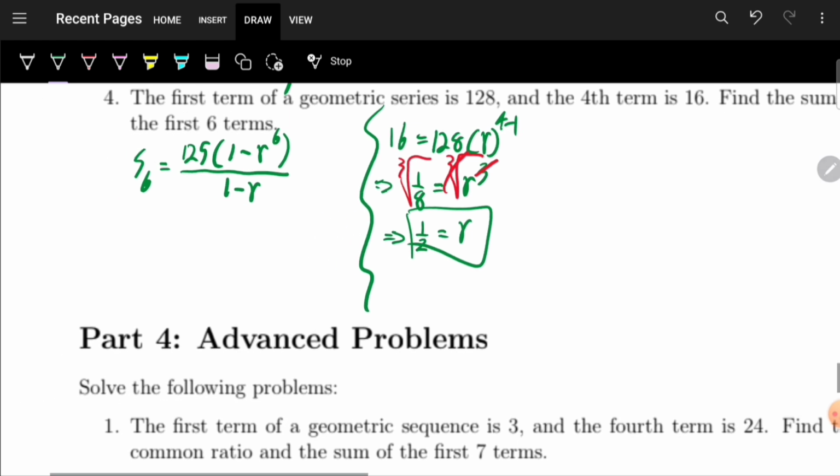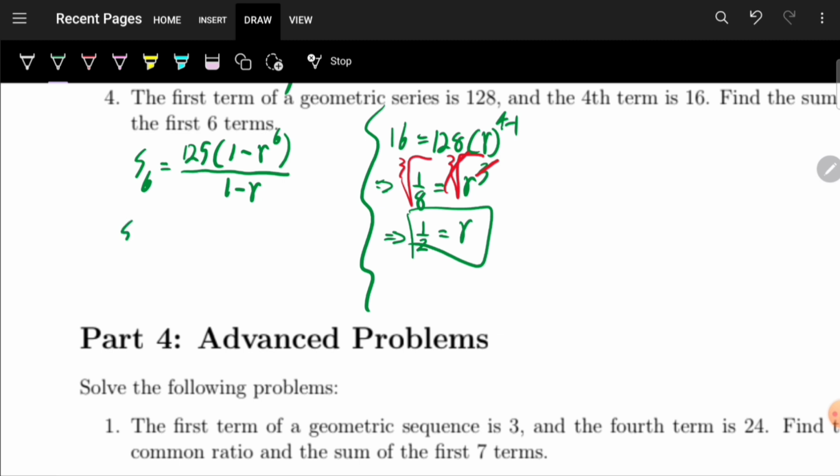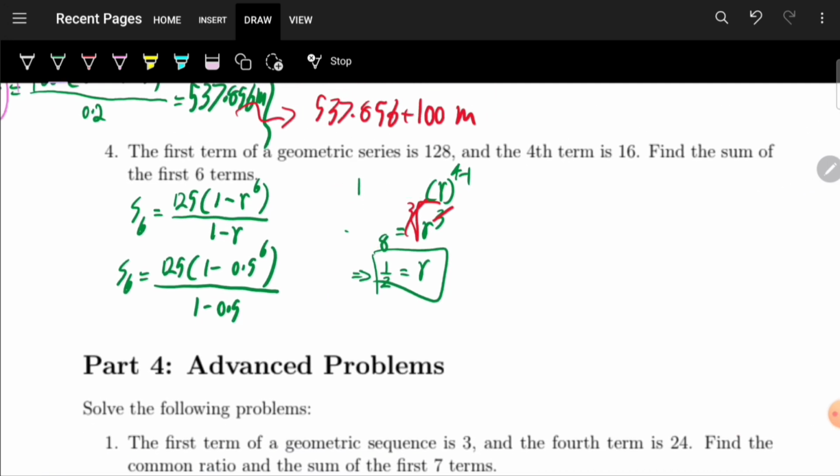Now we're going to plug that into this formula, the sum, to figure out the sum of the first 6 terms. So that's going to be 125 times 1 minus 0.5 to the 6, right? That's just 1/2 in decimal, 0.5, all over 1 minus 0.5. Okay, let's erase the stuff here and figure this out.